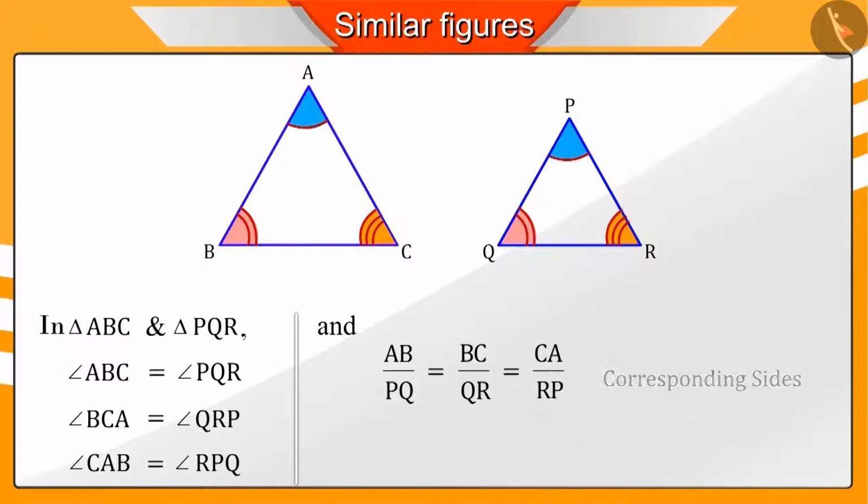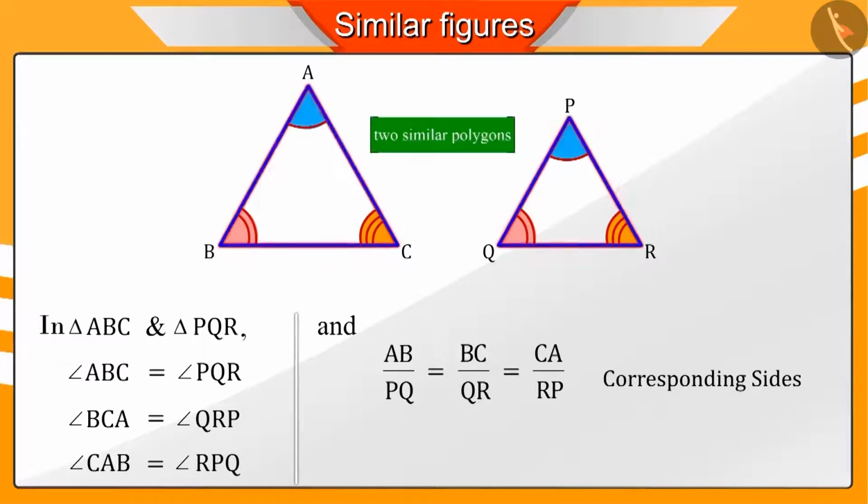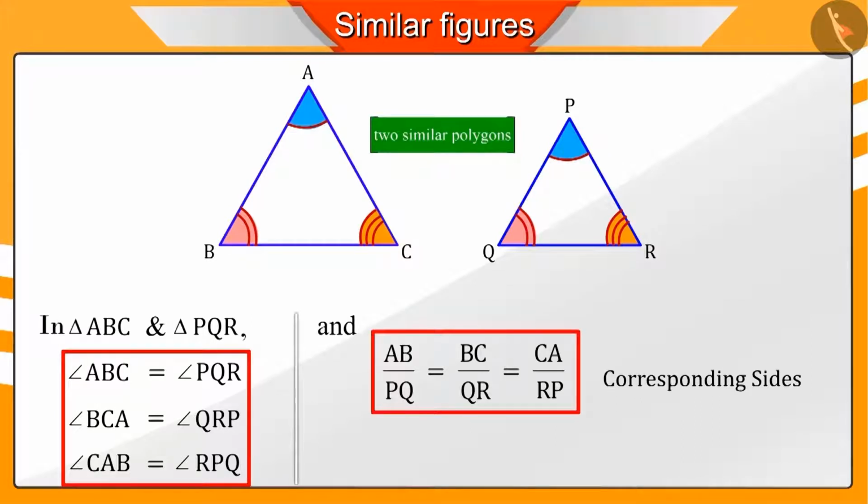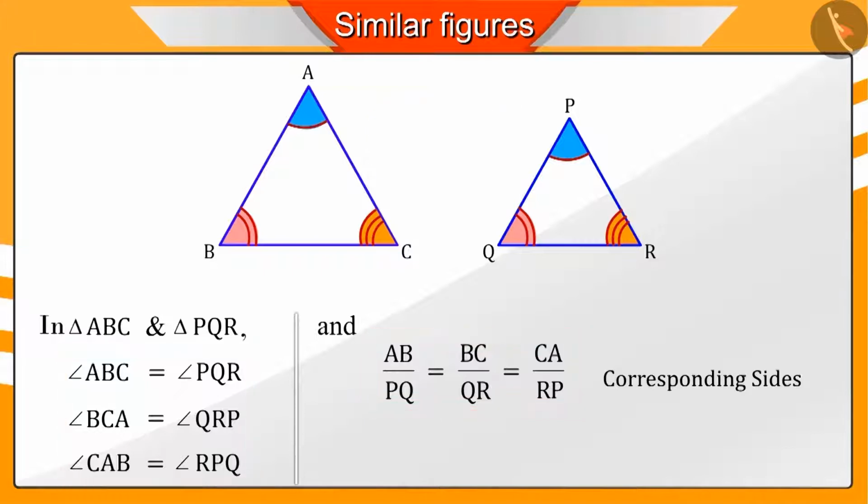In the previous video, we learned that two polygons are similar if their corresponding angles are equal and their corresponding sides are proportional. Hence, these two triangles will be similar.